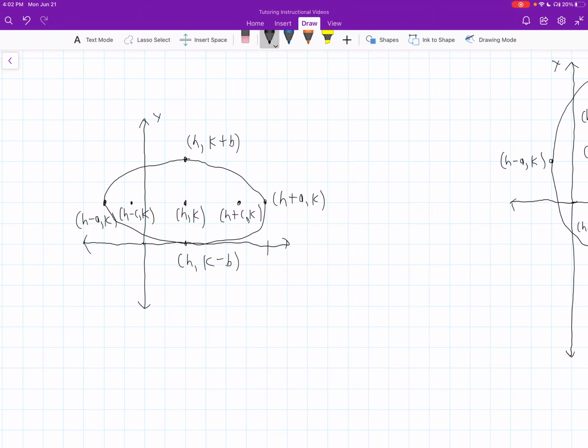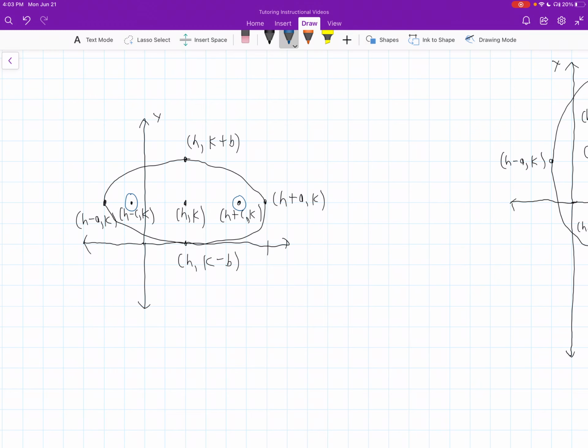So I drew a horizontal ellipse here. And you see I have my center (h, k), my four given points that we talked about a lot in the first two videos. But I also added on these extra two points, and those are the foci points on a horizontal ellipse. You could think of it almost as the horizontal axis of the ellipse, so to speak.